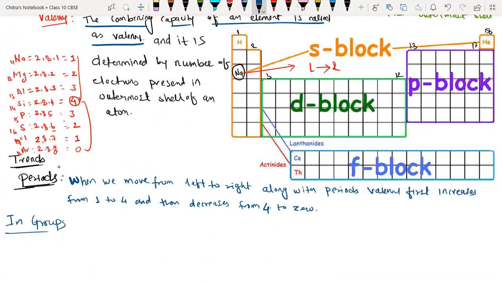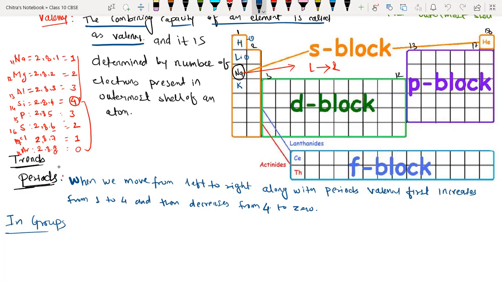Suppose we are discussing first group elements, like here we have hydrogen. It has one electron in its outermost shell. Then we have lithium, again one electron, sodium, again one electron in their outermost shell. Then we have potassium. So all these elements have the same number of electrons in their outermost shell. Hence, the valency will remain the same.